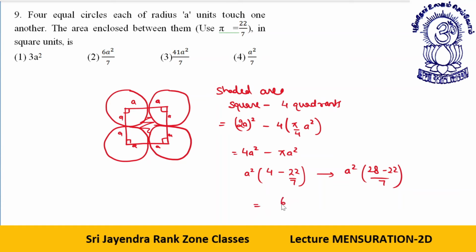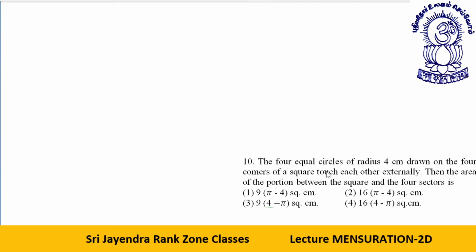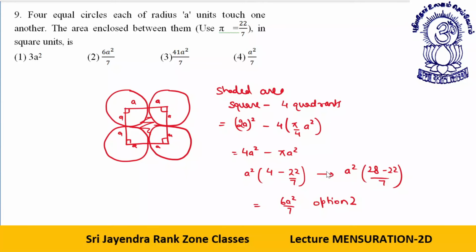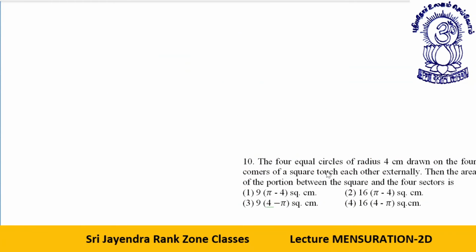That is 6A square by 7. This is your answer. Which is the option? Option number 2 is your answer. You can have a look over it if you want to. I should go to the next one.